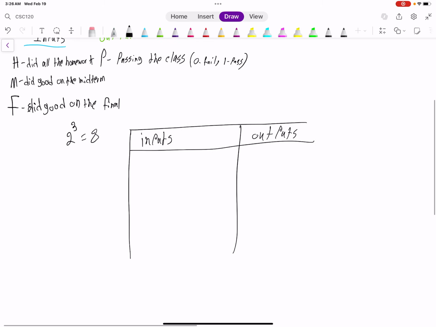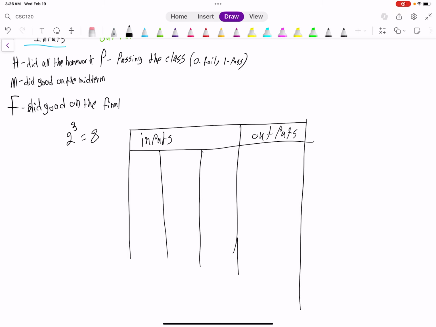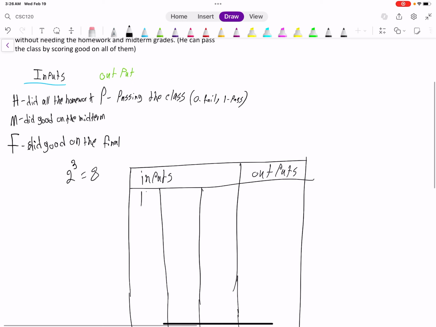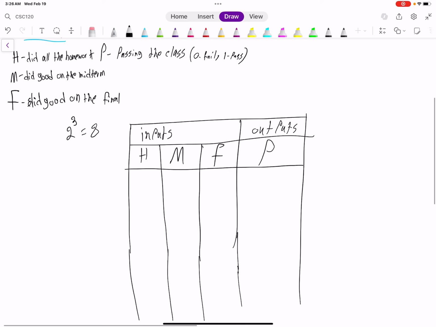For our inputs, we're going to have 3 different inputs, and for our output, we're just going to have 1 output. The columns are H, the midterm, and final, and then for our output, it's going to be passing the class, which is 0 or 1: 0 for fail and 1 for pass.